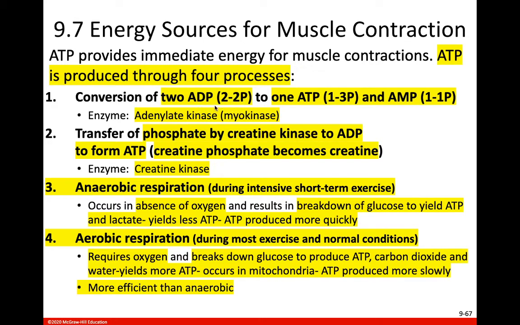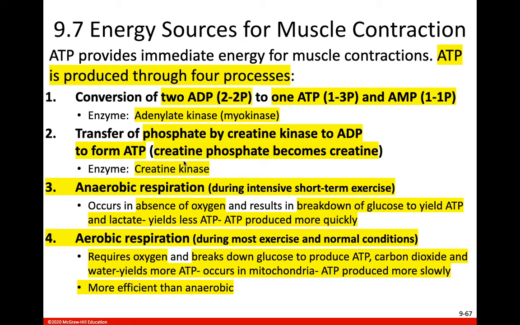So 4 phosphates total, and it converts it to 1 ATP, which is a 3-phosphate, and then 1 AMP, M meaning monophosphate. So again, myosin kinase or myokinase converts 2 ADP molecules into 1 ATP and 1 AMP. And in this way, for every 2 ADPs, you're going to end up with 1 ATP.